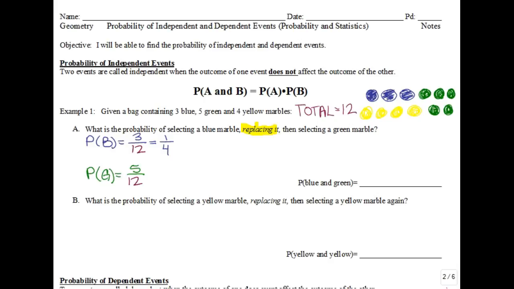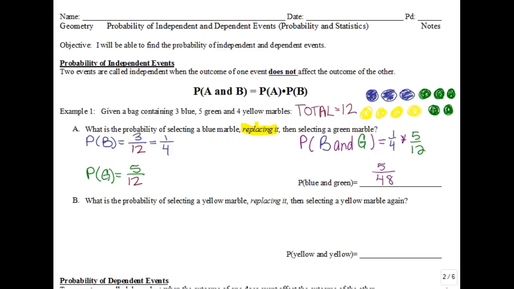Now let's find the probability of these two independent events together. According to our rule, in order to find the probability of both things happening, you multiply the two separate probabilities. So that's 1/4 times 5/12. So the probability of a blue and a green would be 5/48.